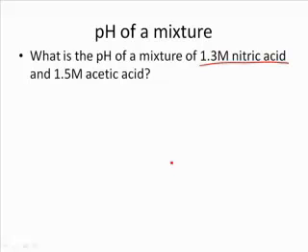Let's take a look at this example where I have the nitric acid. The pH due to the nitric acid is going to be the negative log, so it'll be minus 0.114.